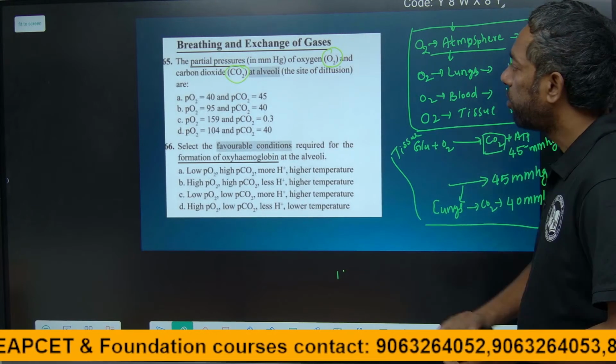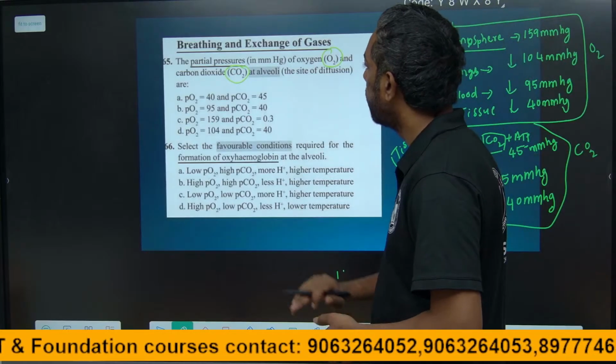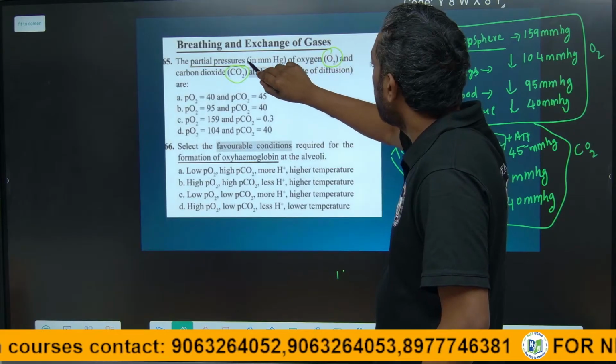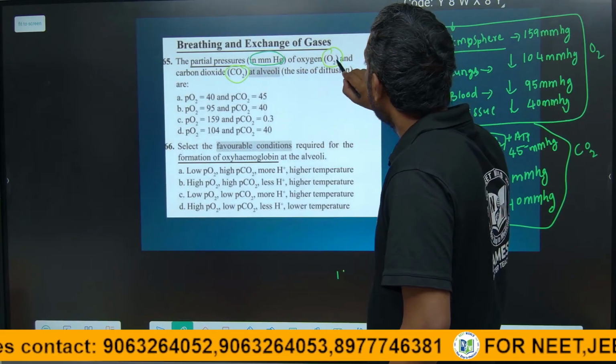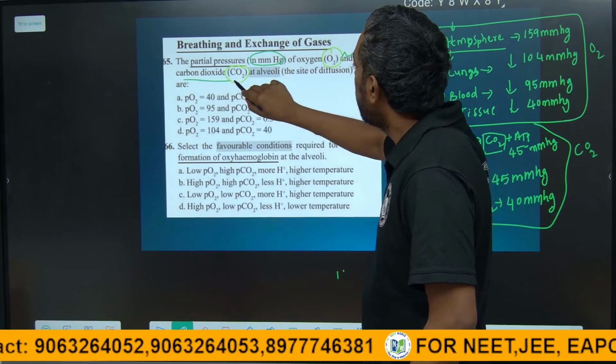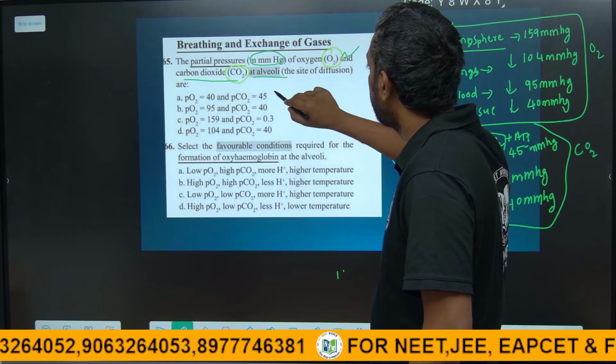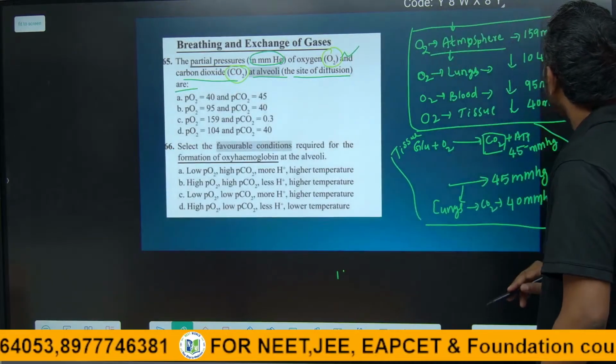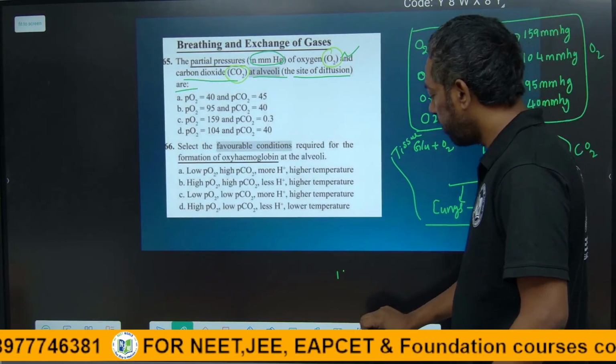Here you have to be careful reading this question: the partial pressure in mmHg of oxygen and carbon dioxide at the alveolus, the site of diffusion. In the lungs, the site of diffusion is the alveolus, guys.